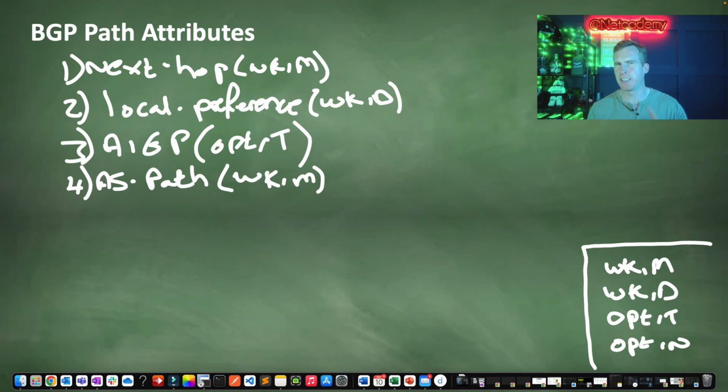Now, I've already discussed this in previous videos, and what AS Path basically does is it allows two functions, two purposes in my opinion. One is loop prevention.